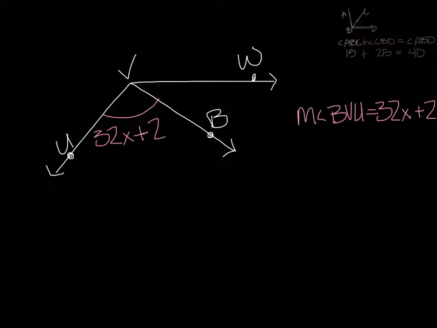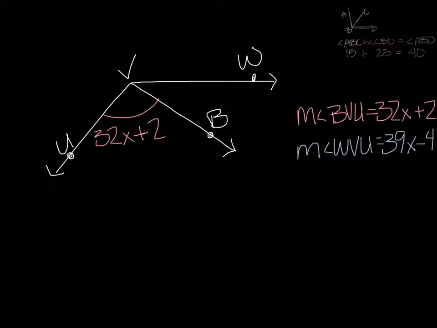Then we know that the measure of angle WVU is 39x minus 4. So let's label that.